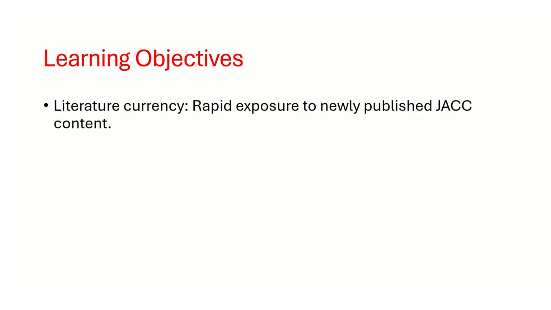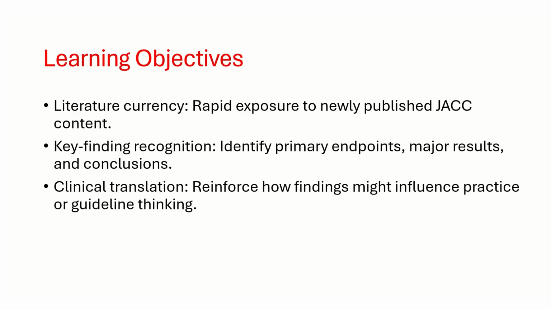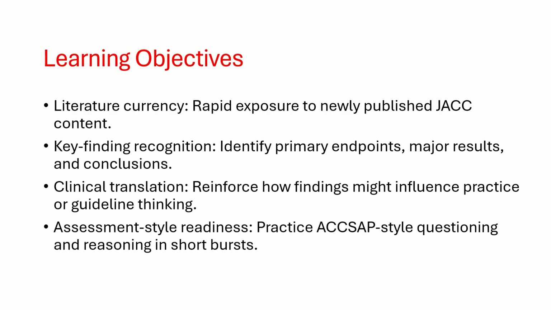It will rapidly expose anybody who uses it to newly published content, and it will rapidly identify the primary endpoints, what the journal is trying to tell us, and it might influence how we practice, because now we will be able to know more details about the current articles easily.